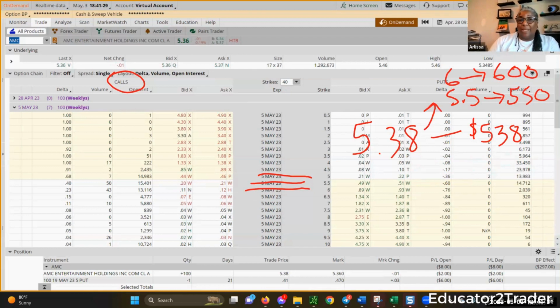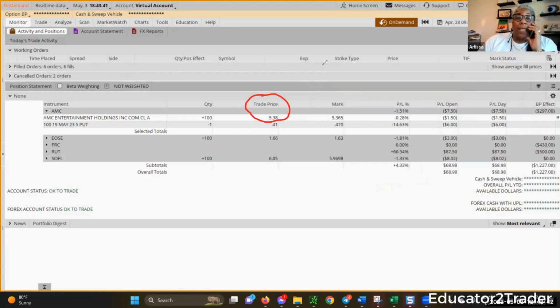Well, you only paid $5.38. So you want to make back more than what you paid. That's with anything, right? You're selling stuff, you buy it at one price, you sell it higher. And now we're going to look at selling a covered call, but you need to know how much you paid for them first, because you don't want to pick something lower than that. Then you end up having your shares called away for a price lower than what you paid.